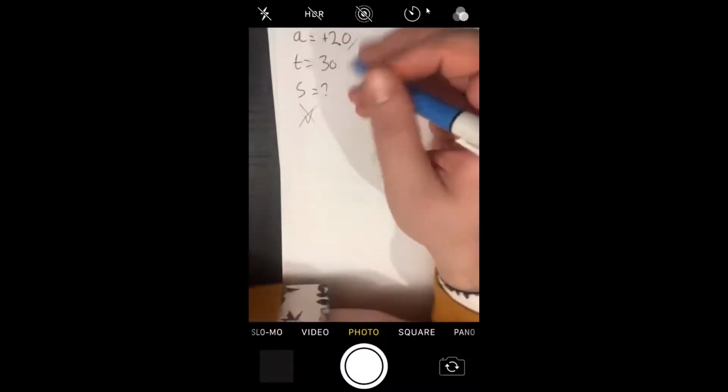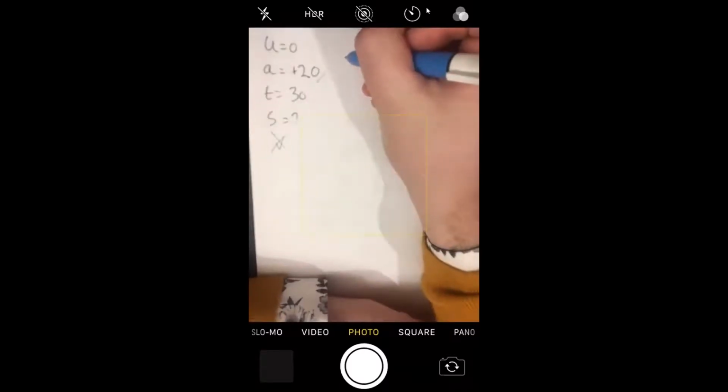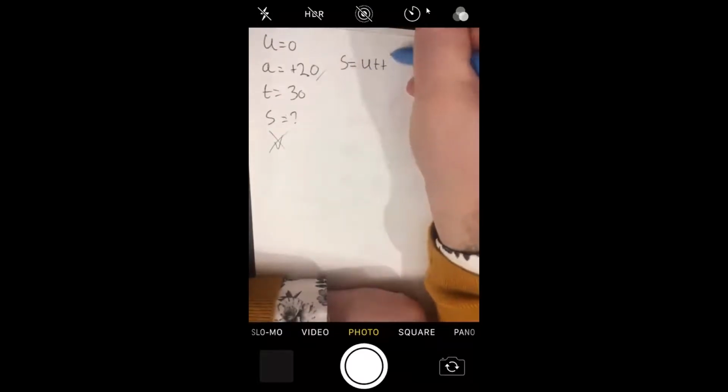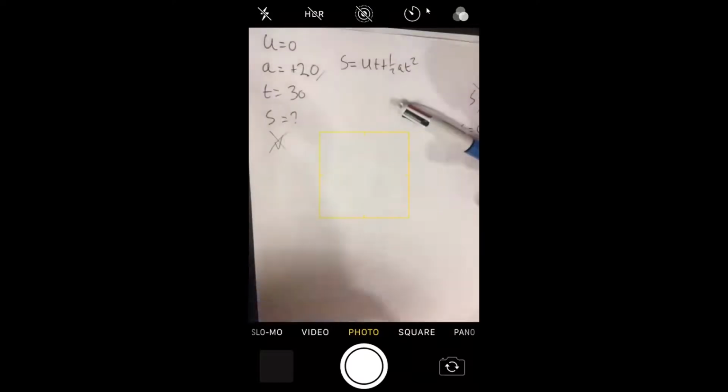Okay, so let's write down the formula. s equals ut plus half at squared. Now, here's the question for you. Do I need to rearrange this formula? No, I don't need to rearrange this formula.